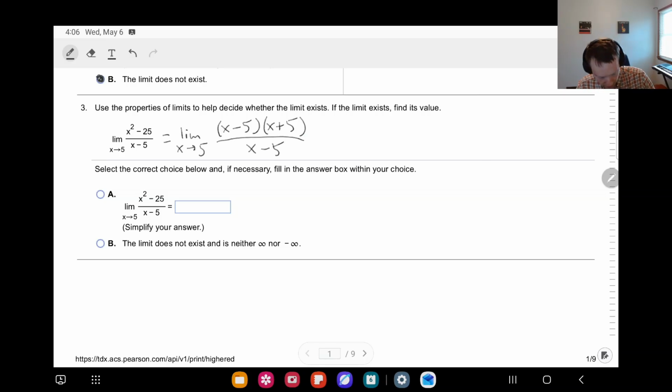And now we've got some canceling. So now this is the limit as x approaches 5 of just x plus 5. And now we're free to plug in 5 for x. No problem. We get 10. So yes, this exists, and it's 10.